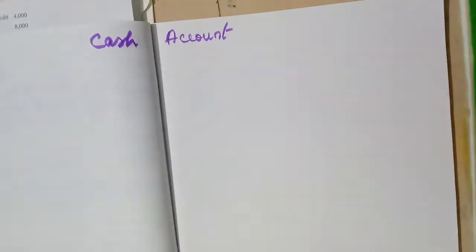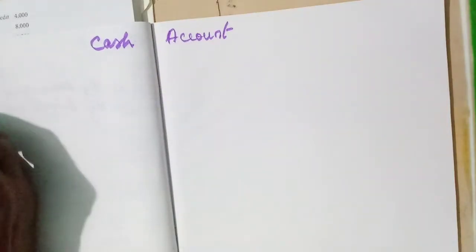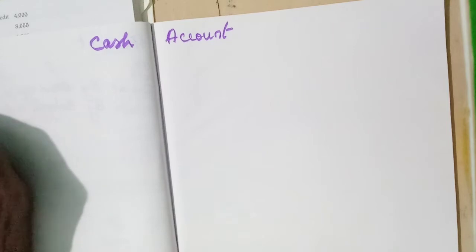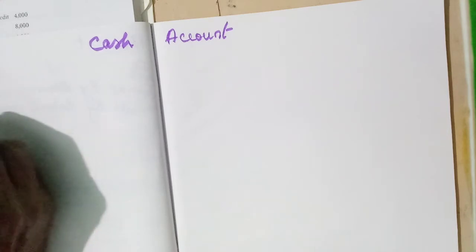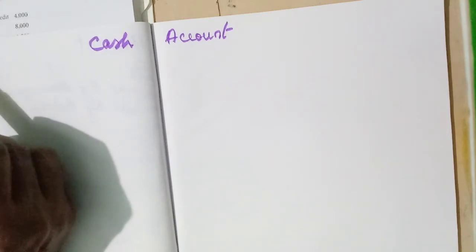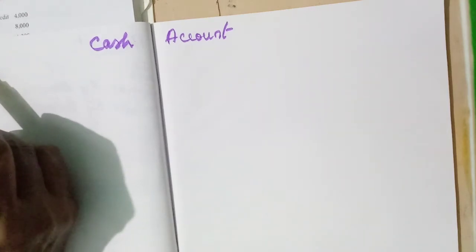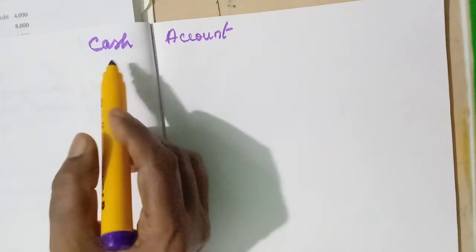Cash account debtor to sales account. So debit side. Write the date, 2017 August 10. Cash account debtor to sales account, 30,000.